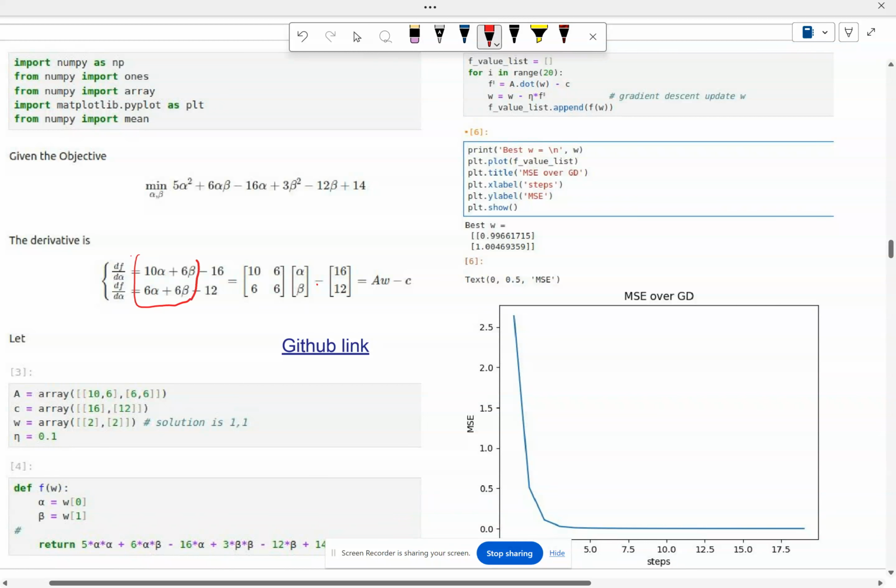Notice how right here is alpha beta. Therefore, you can convert that into a matrix, and alpha beta is equal to some kind of variable, minus 16 and 12. So this is equivalent to some kind of matrix, some kind of vector, minus some vector. So this is much easier to implement than this thing here.